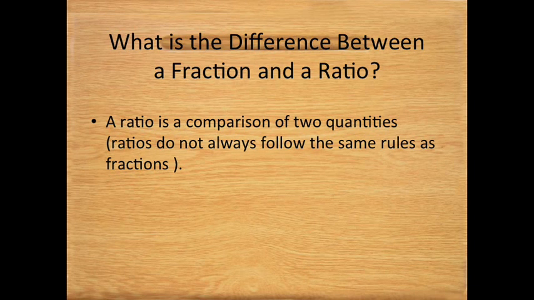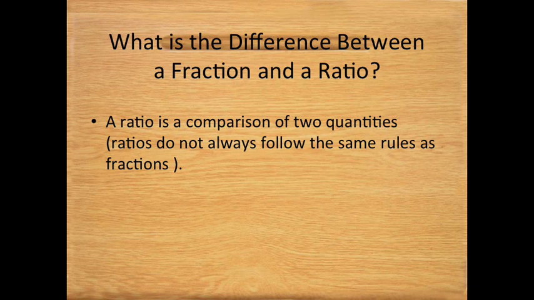So a ratio can be a part to a whole, but it can also be part to part. I'm talking about 3 to 5, 3 cookies to 5 brownies. The standard joke is that every fraction is a ratio, but not every ratio is a fraction.